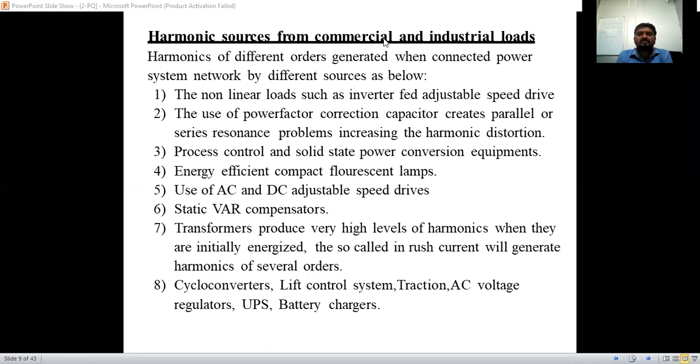Can you tell the places which we call commercial areas or commercial loads? Which places do we call commercial loads? Yes, anyone?